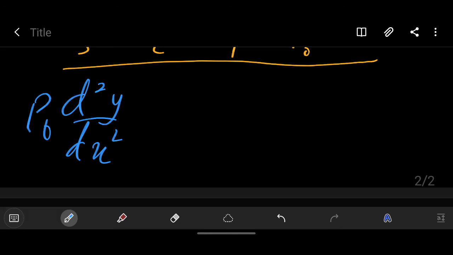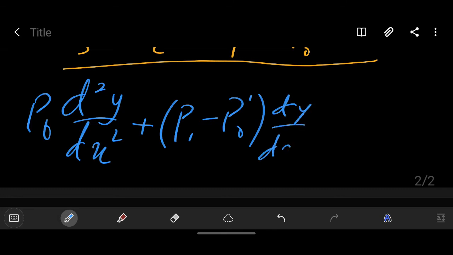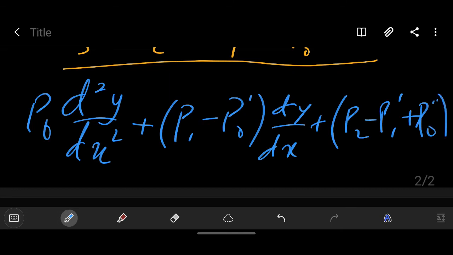After differentiating this, we'll get the same equation again, if it is exact. And here the coefficient would be P1 minus P0 prime, which is the first derivative of P0, times dy/dx, and then plus P2 minus P1 first derivative plus P0 second derivative, times y, which is equal to, and then we integrate.